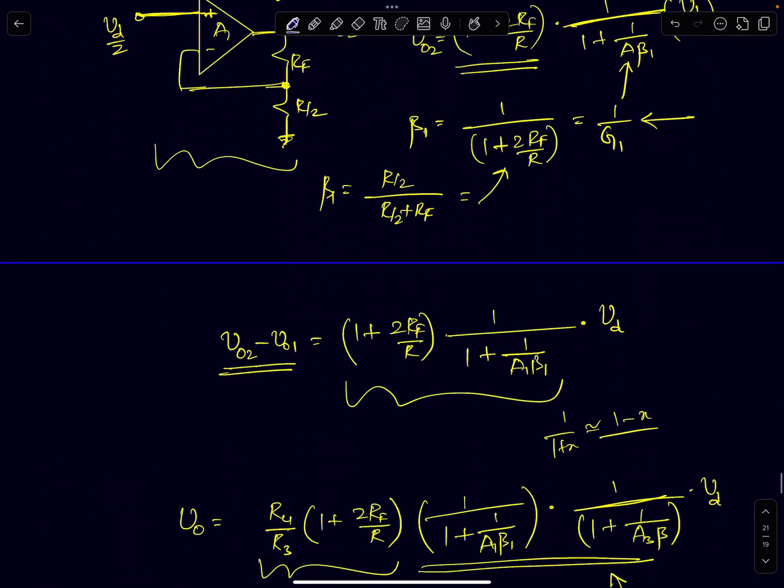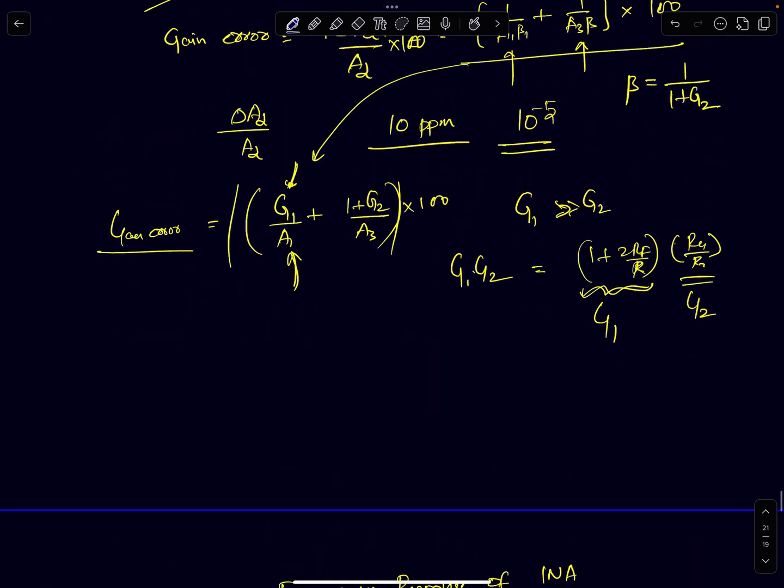Okay, so we are back to this result here. Using that, I can argue that this will approximately be equal to G1 by A1, where G1 is generally much greater than G2. So I'm going to use that result and say that if we assume A1 and A3 are of similar orders, then the gain error reduces to G1 by A1.